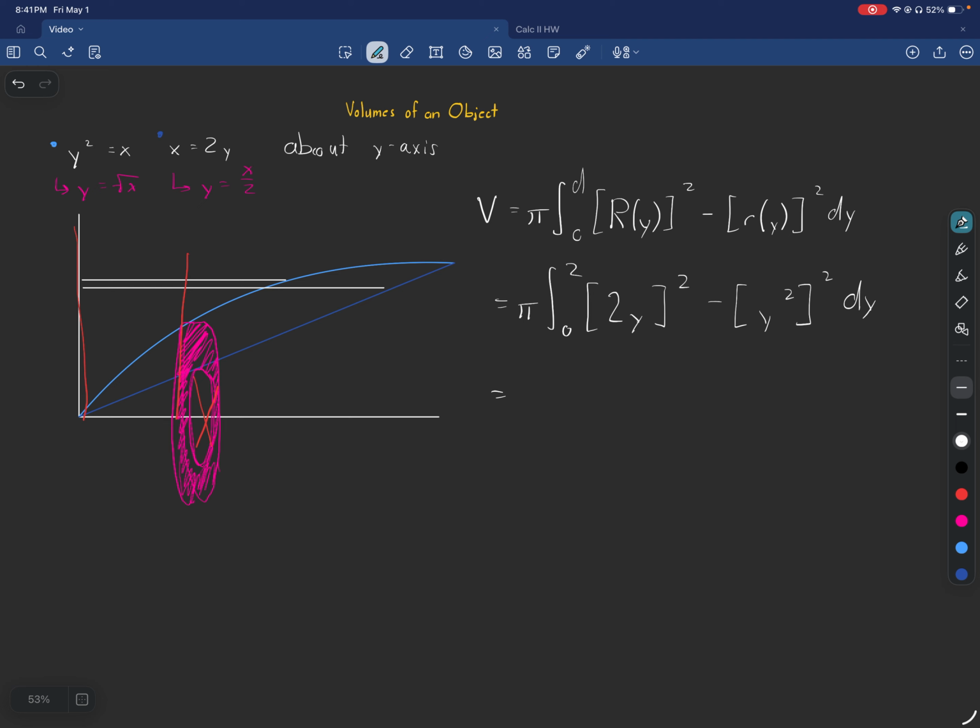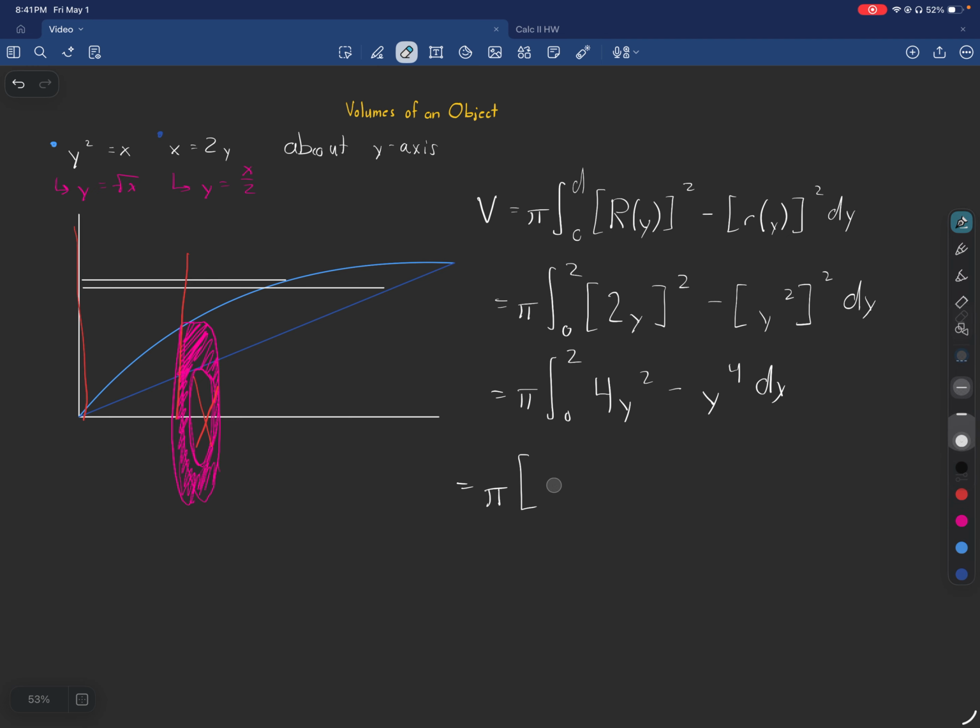And then doing our normal algebra stuff. Our new, completed integral will be 4y squared minus y to the fourth. And then from here again, it's just basic integration, knowing your integration rules.